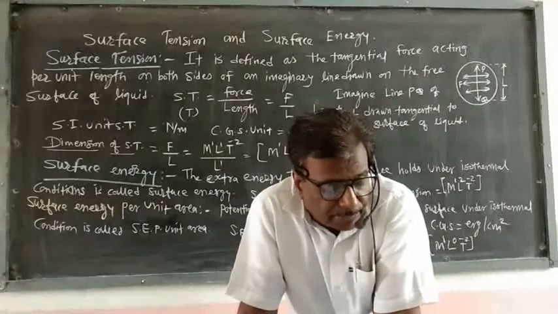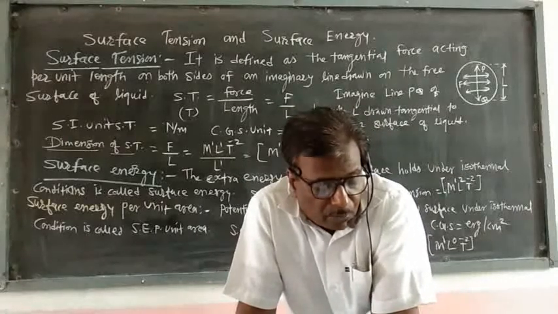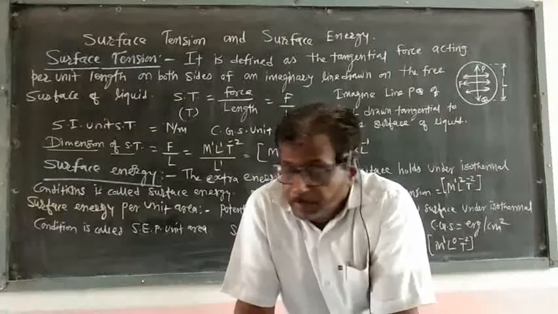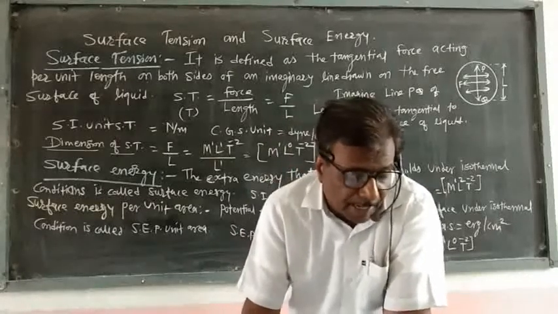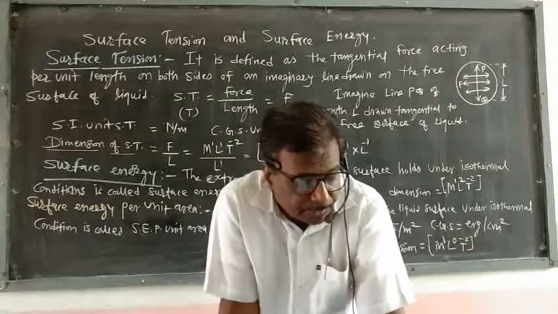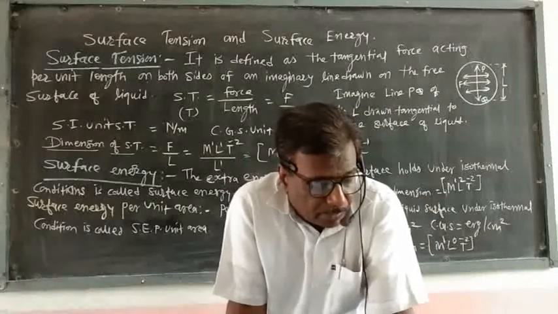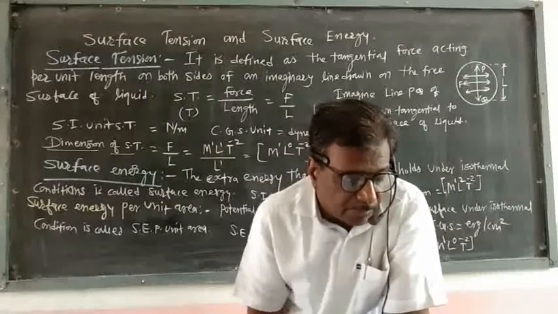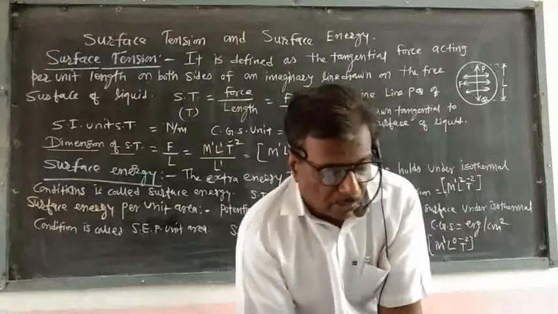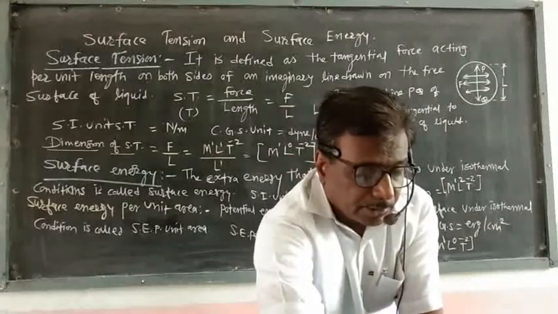This work done is stored in the form of potential energy. The potential energy is greater for a molecule at the surface film as compared to a molecule well inside the liquid. This extra potential energy is called the surface energy.